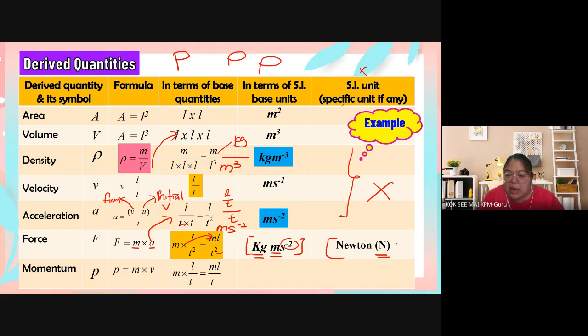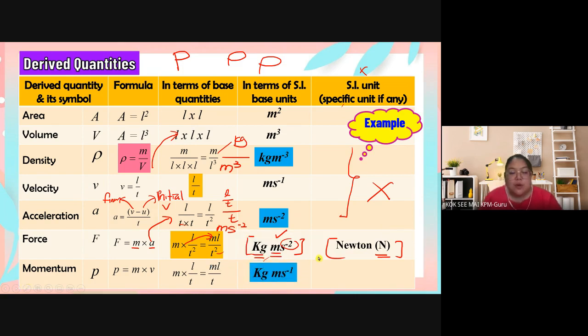If I write Newton, you don't know. There are good and bad sides. For this one, first you have to memorize a lot, because it has kg and ms negative, and you have to write a lot. If it's Newton, it's just one word. Depends on you. If the question says I want the base unit, then you must write this one. If it specifies the base unit, you write the base unit. Newton is not a base unit, it is a specific unit.